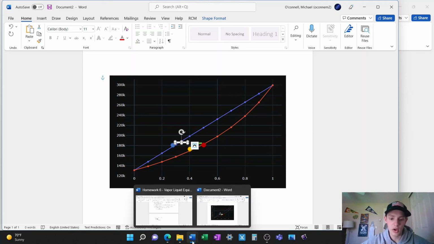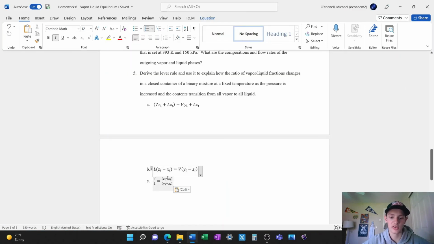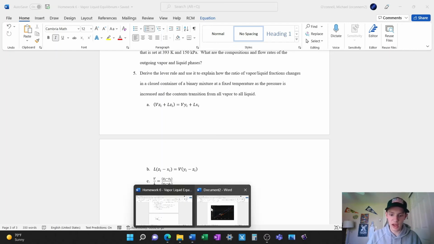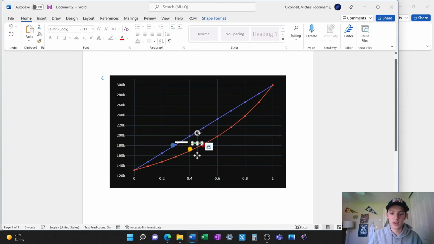So hopefully with this explanation, you can understand why this is called the lever rule. Because if you think about these two lines, the green and the white, kind of like a lever, like a teeter-totter, right?